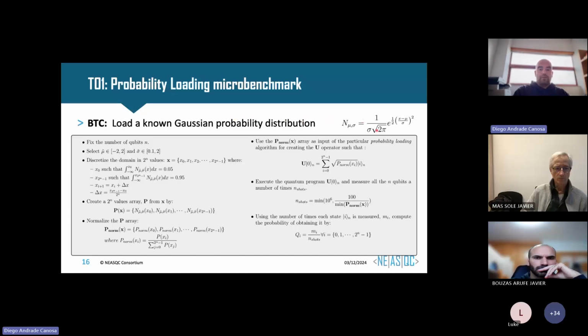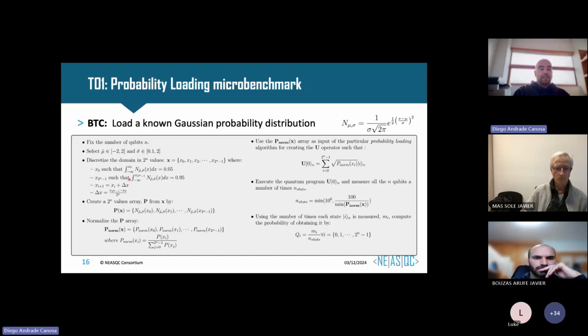So this is the form of the formula of the probability distribution, and in the left part is the execution procedure, where we follow several steps like fixing the number of qubits, and then from there we are going to create an array of probabilities according to this Gaussian distribution.